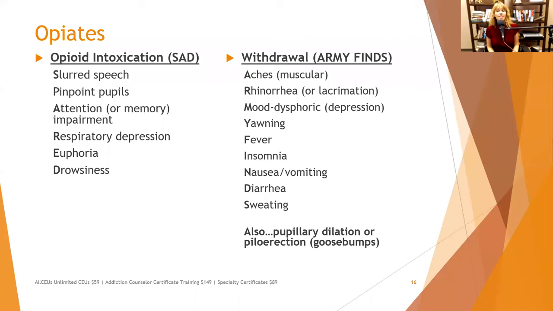Their mood is dysphoric, so they're probably going to be depressed. Some people may also have some underlying anxiety issues. I've seen a lot of people self-medicate their anxiety with opiates, so when they're withdrawing from the opiates, the anxiety stuff comes back out. Yawning, fever, insomnia, nausea and vomiting, diarrhea, and sweating.